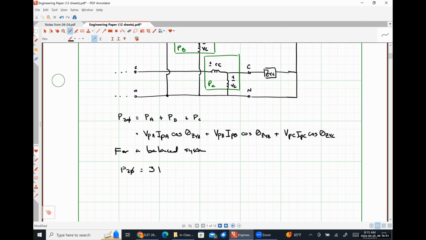This is just going to look like 3 VP IP cosine theta y, which is literally exactly an expression that we derived when we were looking at our power relationships.